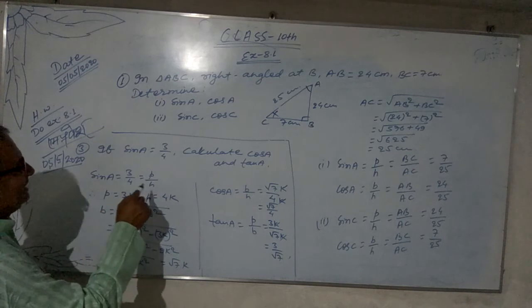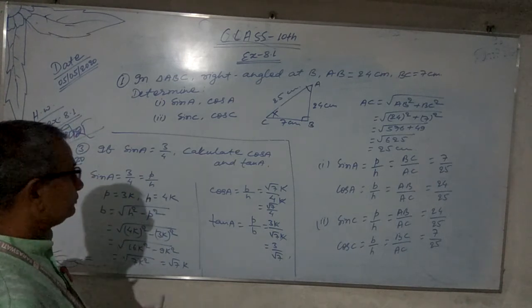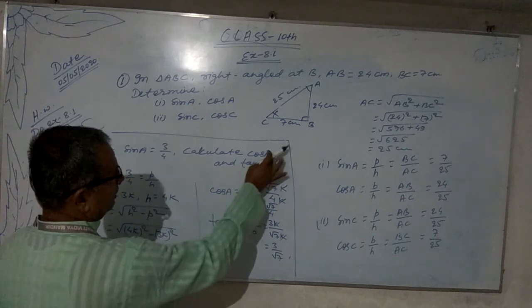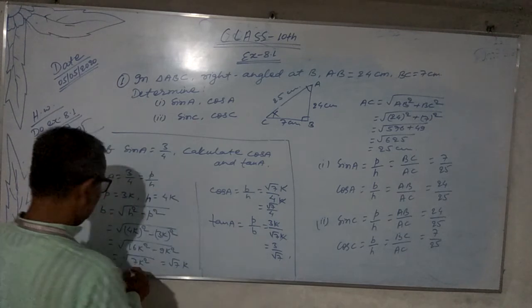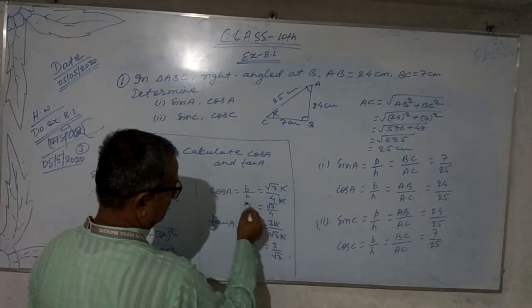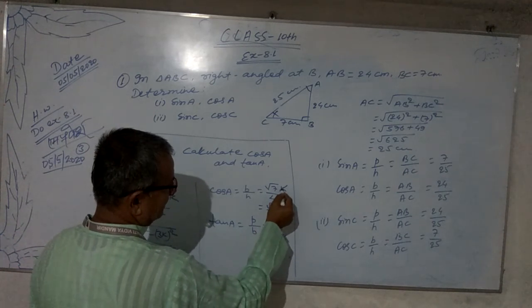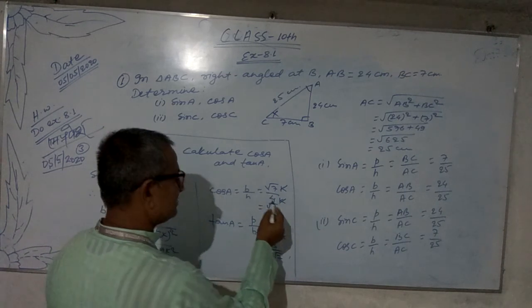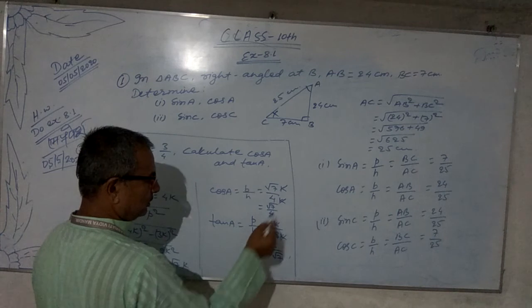Now all the three things P, H and B are known, with the help of which we can find out the value of cos A, B by H, that is root 7K by 4K, this K will cancel this K, and hence it will be equal to root 7 by 4.